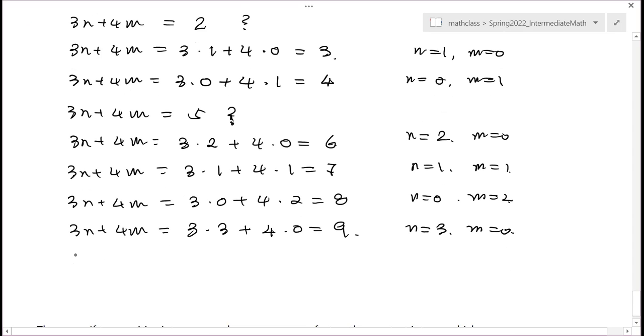And how about 10? 10 is 3 times 2 plus 4 times 1, n equals 2, m equals 1. It's harder to prove this is always true in general.